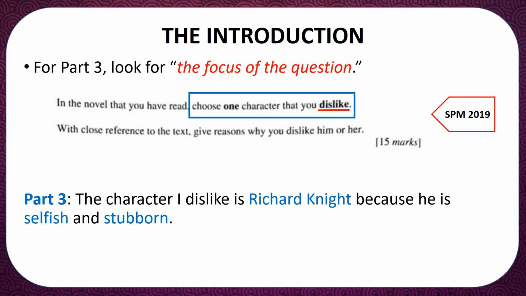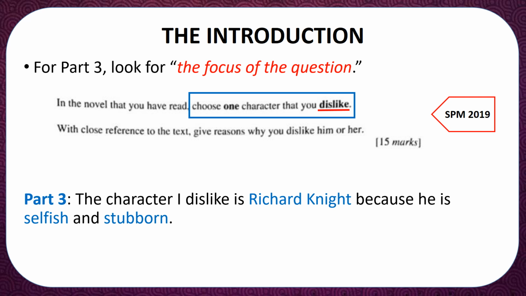Of course, this one is slightly different from the example I showed earlier, because it asks for one character that you dislike. If you dislike a character, you must have reasons why you don't like the character. So you need to give the reason in part 3.